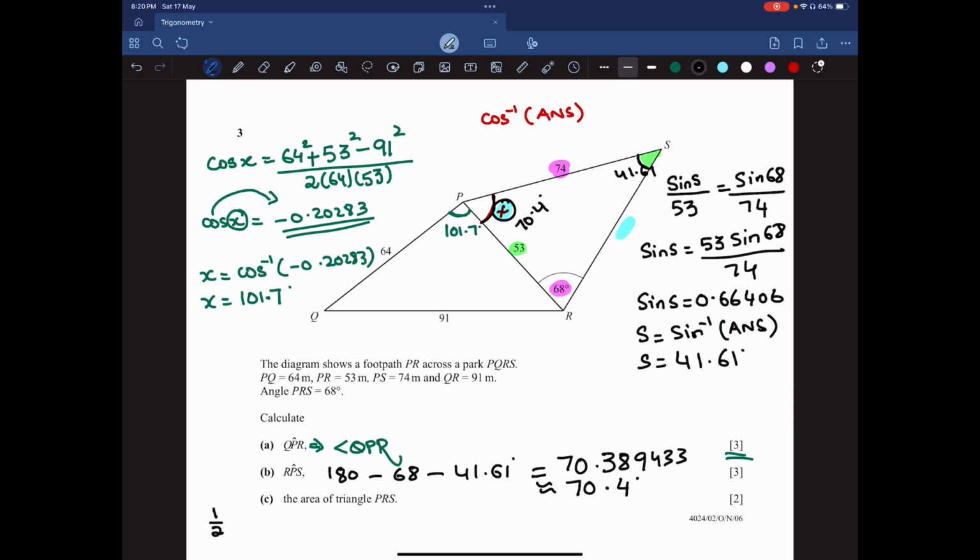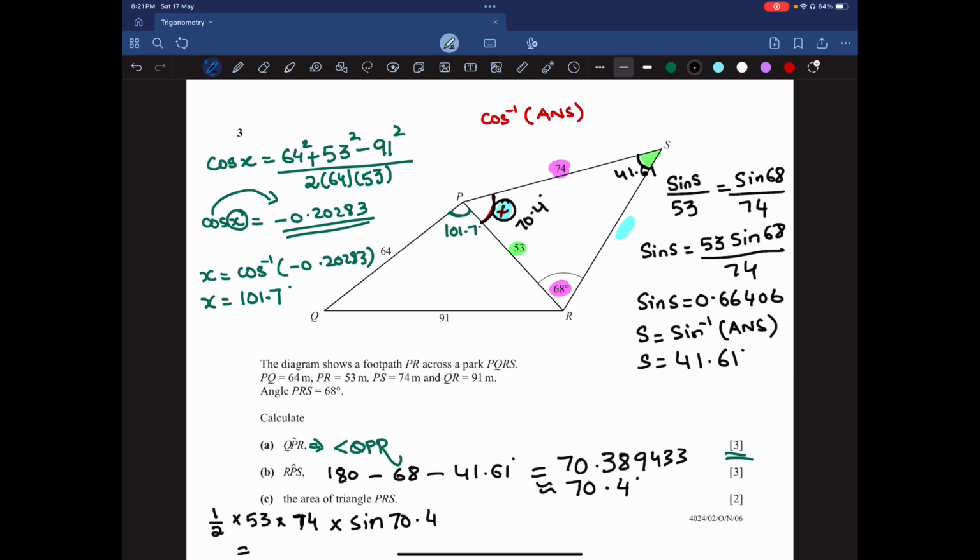So this is half into the neighboring sides, which are 53 and 74, into sine of 70.4 degrees. I have this answer on my calculator.